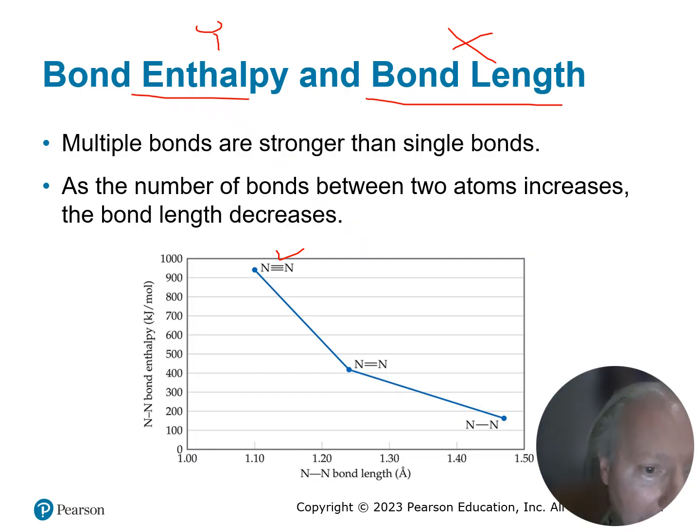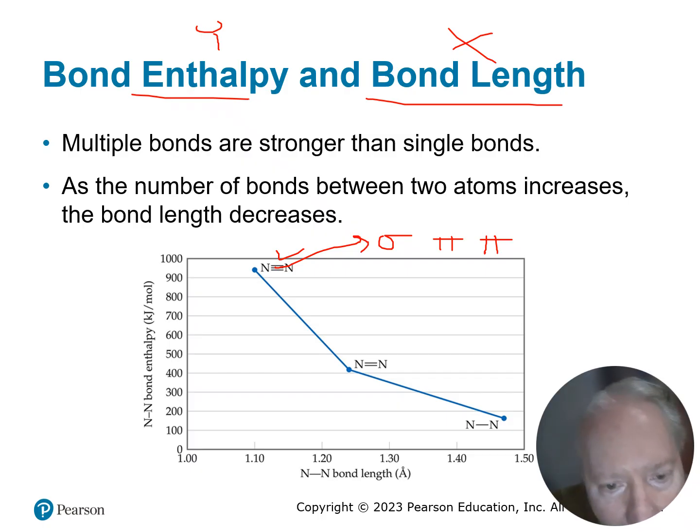You have two pi bonds and a sigma bond, right? A sigma bond is always a single bond, but then it has two pi bonds. So it takes a lot of energy to break that.